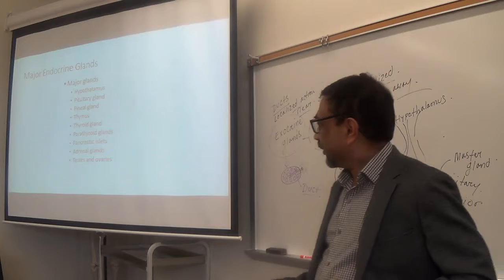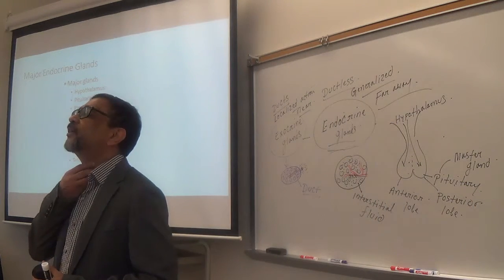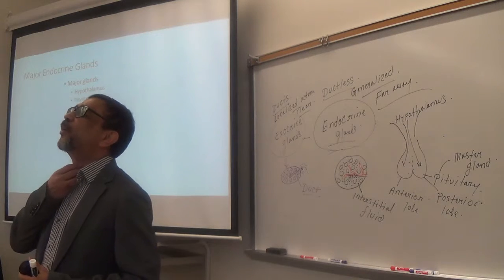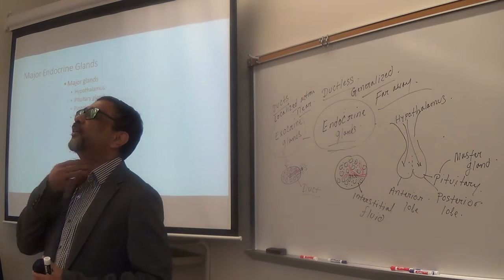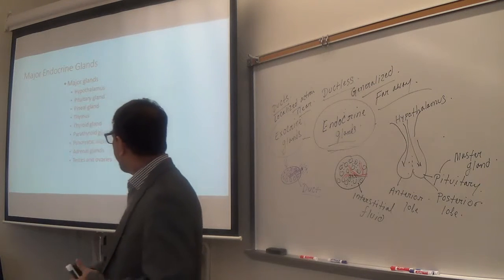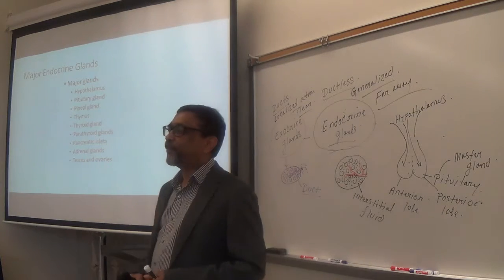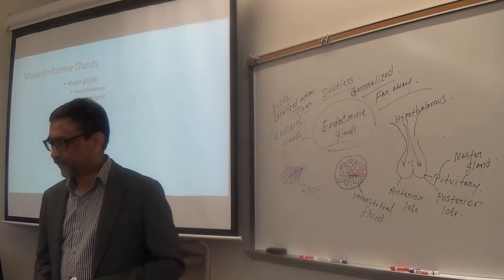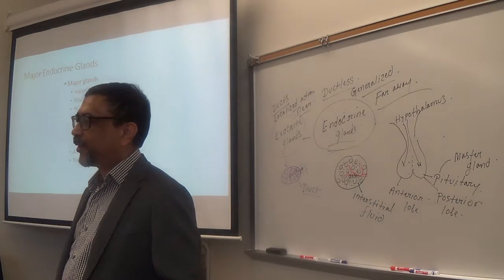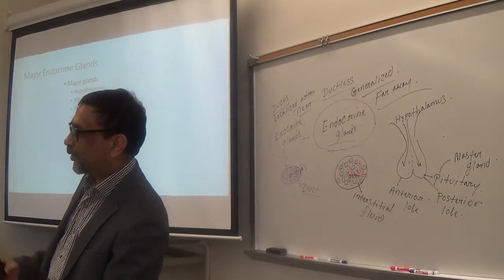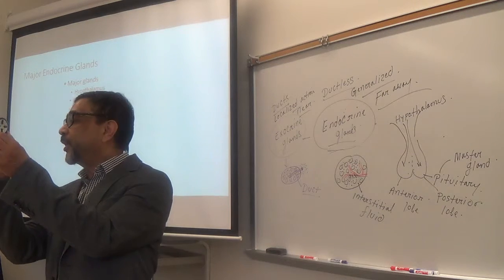Then the thyroid gland. The thyroid gland is located at the lower part of the neck, here. So thyroid, then thymus. And behind the thyroid, you have the parathyroid glands. How many?